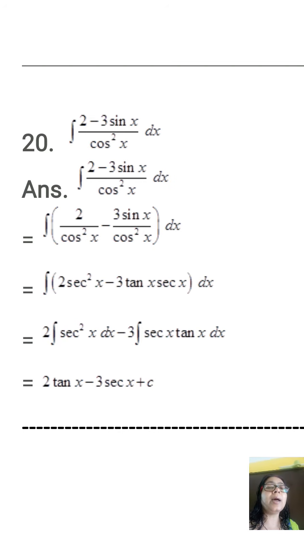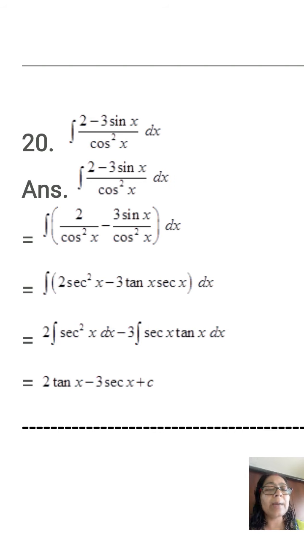The first part we can write 2 sec square x, and in the second part sin x by cos x we will write tan x, and another 1 by cos x is there, so we can write it as sec x. So integration of sec square x is tan x, and integration of sec x tan x is sec x. So 2 tan x minus 3 sec x plus c.